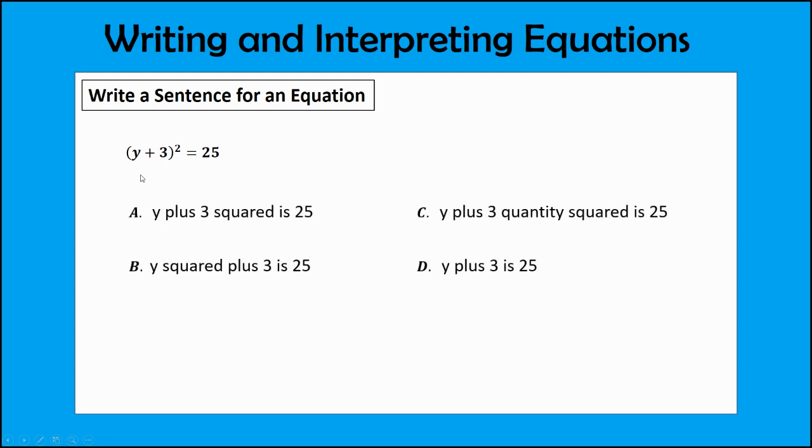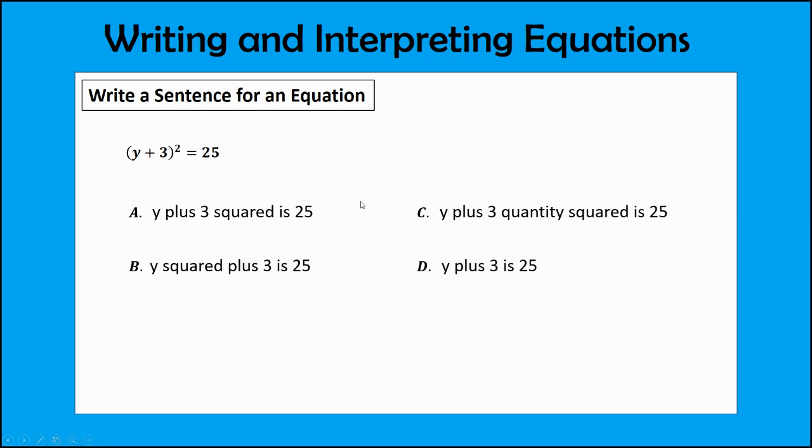How about this one? You have four choices. Which one is the correct choice? If I was to say this, I would say it's the quantity of y plus 3 squared equals 25. Y plus 3 quantity squared is 25.